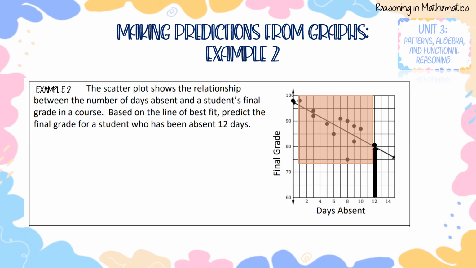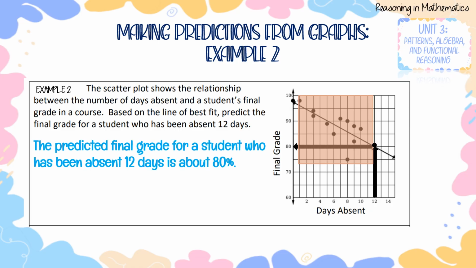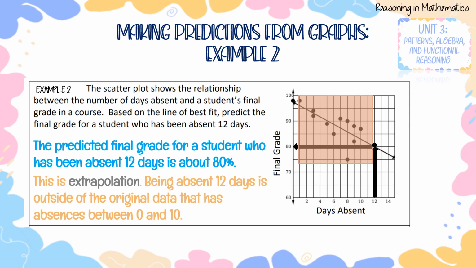So there's 12, and it looks like it's outside of our data. The predicted final grade for a student who has been absent 12 days is about 80%. So it is extrapolation again, because being absent 12 days is outside of the original data set, which has X values between 0 and 10.